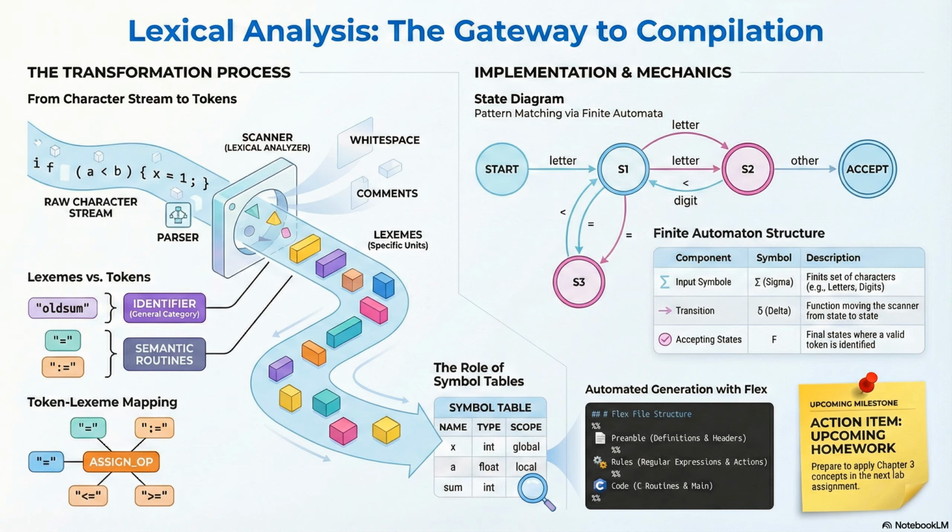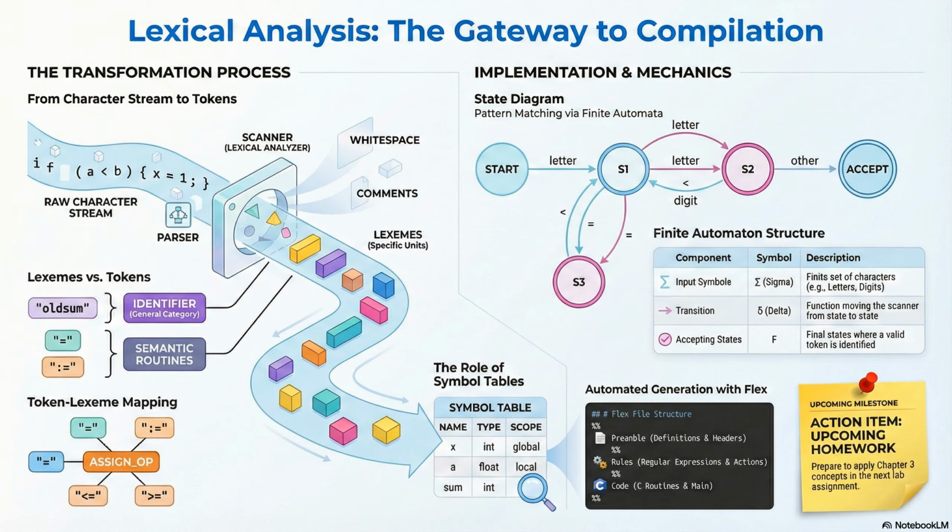Oh yeah, ambiguity is the bane of the scanner's existence. It happens when one sequence of characters could effectively start two different valid patterns. The notes mention the look-ahead problem. Right, a classic example, the greater than symbol. The scanner reads the greater than sign. It enters a state where it thinks, okay, this is a greater than operator. Logical, it's a valid token.